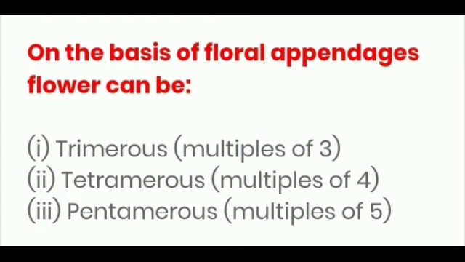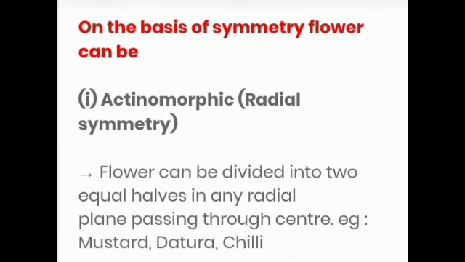Pentamerous nature is a dicot feature, means it is present in dicot plants, and trimerous is present in monocot plants. The next type is based on symmetry. On the basis of symmetry, flowers can be actinomorphic, zygomorphic or asymmetric.